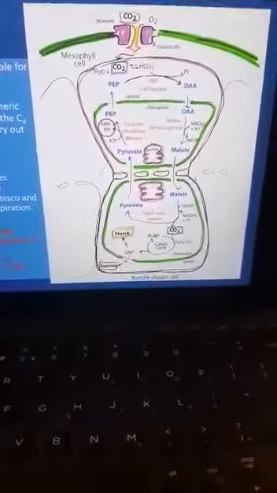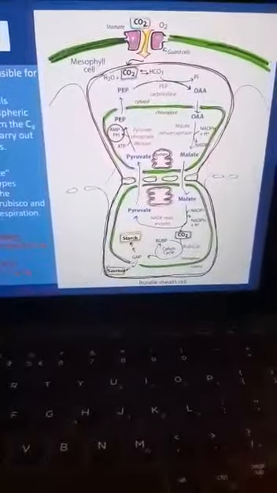And therefore, there's going to be more photosynthesis taking place here than photorespiration.